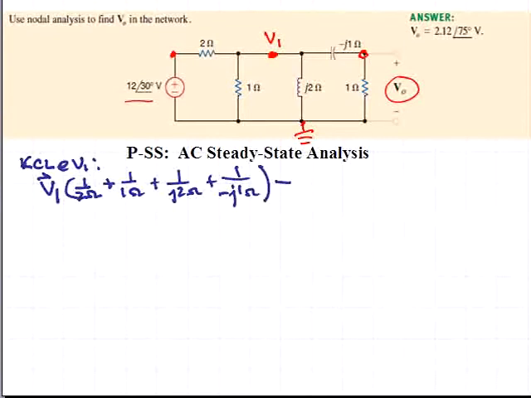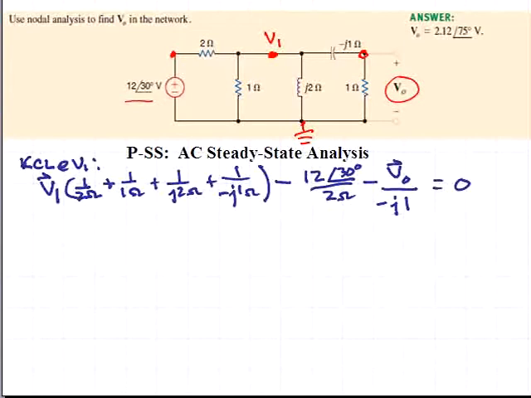And then we subtract the other ends of those impedances as voltage divided by impedances. So in one case we have the voltage source 12 at an angle of 30 degrees divided by 2 ohm resistor. And then we have this voltage which we're interested in, V sub O, divided by minus J1, representing that capacitor connection. And this sums to 0.